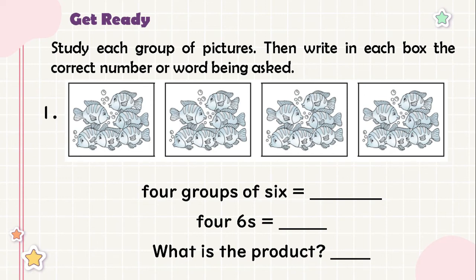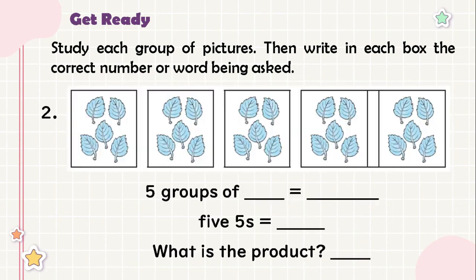So, 6, 12, 18, 24. Very good. Next, 4 sixes, apat na tag-aanim ay 24. Very good. And what is the product? 24.